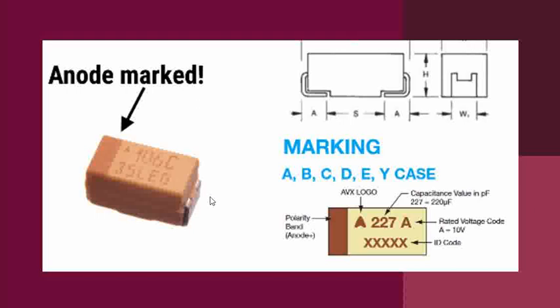That means you have to connect the positive plate of the capacitor to the positive and the negative to the negative, so connecting it correctly in your circuit is very important. On this tantalum capacitor, the marking that you see here is the anode marking.